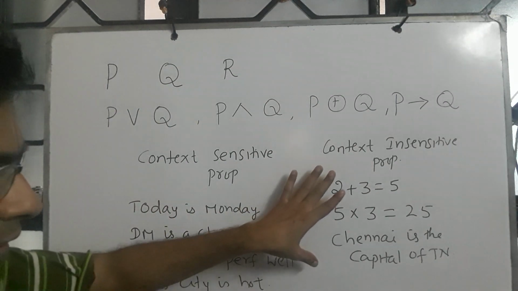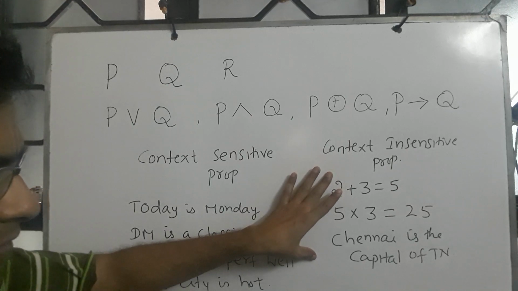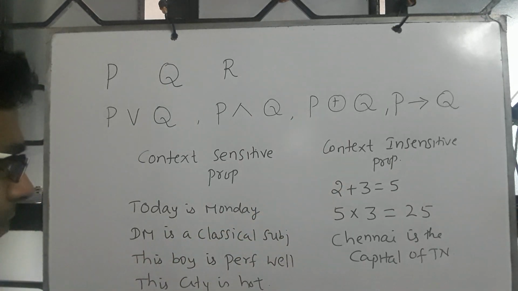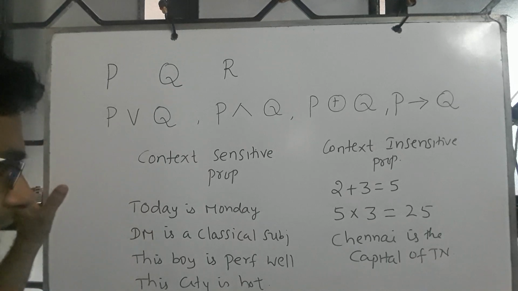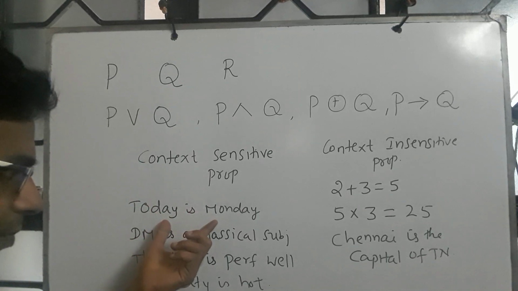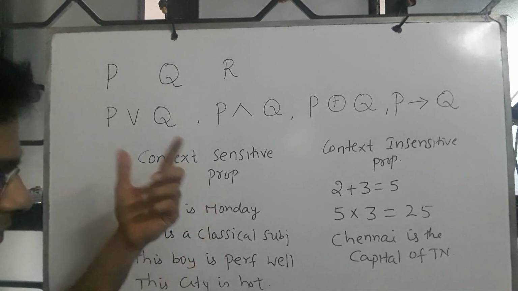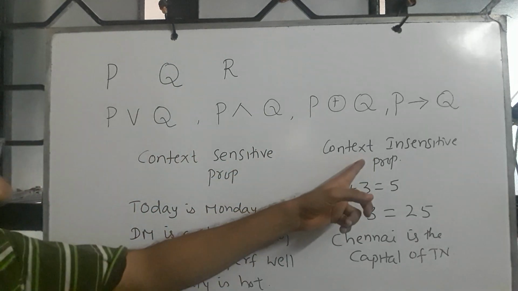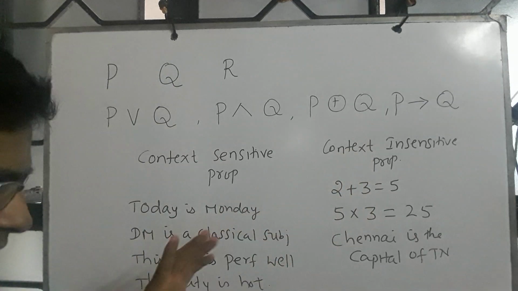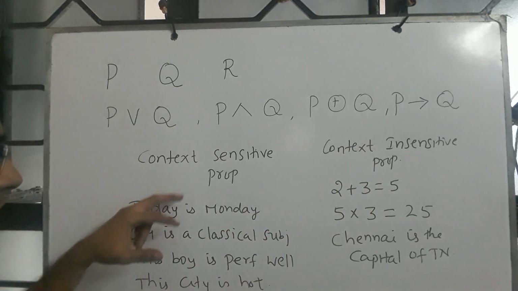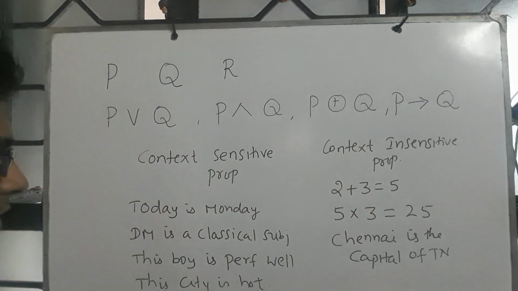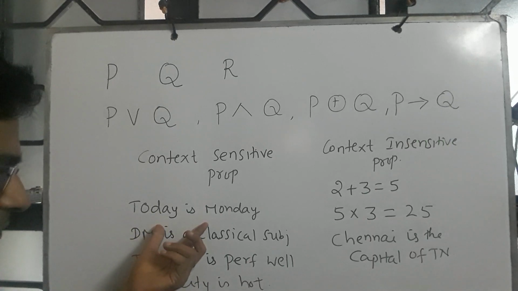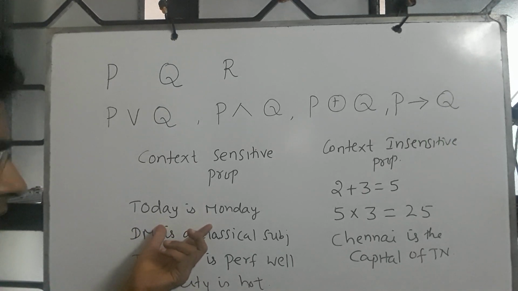We will take declarative statements of this type as propositions. Although in the earlier lecture I said this one is not a proposition, because of the context, if you look at it from the context insensitive definition, yes, it is not. But if you look at it from the context sensitive proposition, I fix a time frame, say Monday.